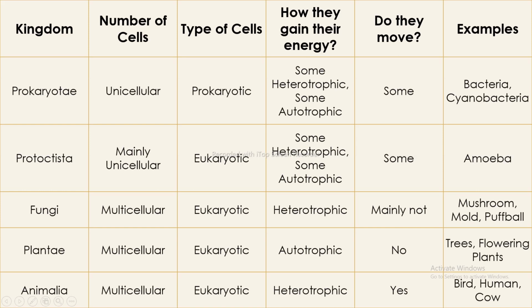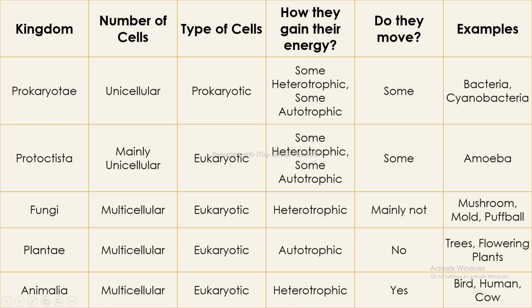Types of cells are eukaryotic and they gain energy by the heterotrophic mode of nutrition, and mainly they cannot move. Mushroom, mold and puffball are examples. Next is kingdom Plantae, and they are multicellular. Types of cells are eukaryotic and they gain energy by their autotrophic mode of nutrition. They cannot move. Trees and flowering plants are examples.